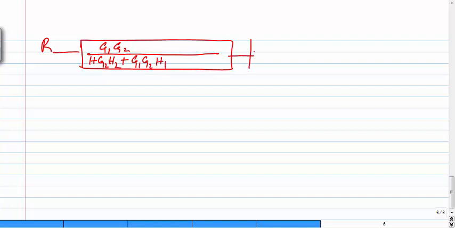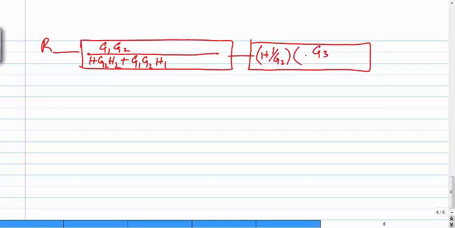Then we have another block. This block is 1 plus 1 over G2 times G3 whole divided by 1 plus G3H3.